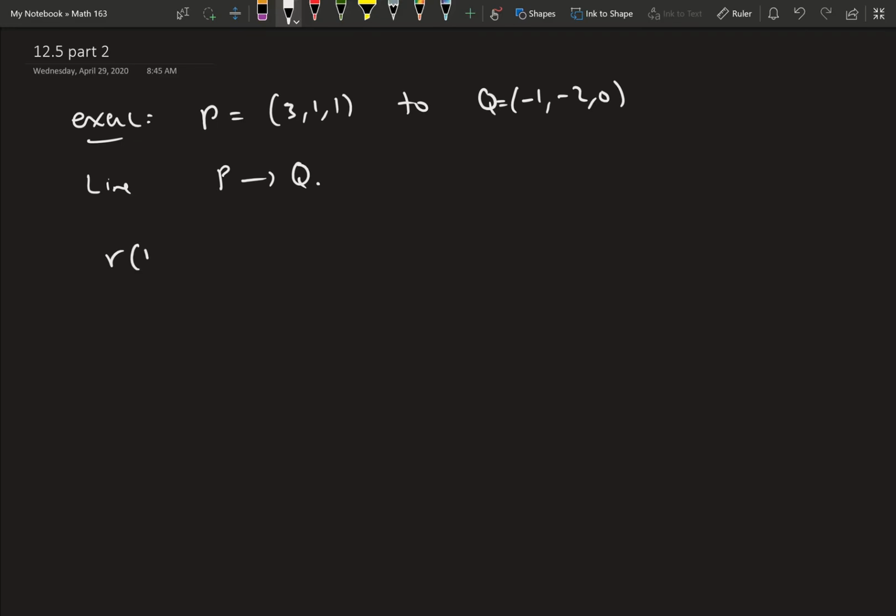So remember, that's going to be r(t), which starts at P and goes in the direction of v, where v is the vector PQ, which is Q minus P as a vector quantity.